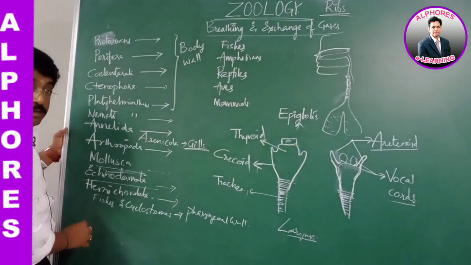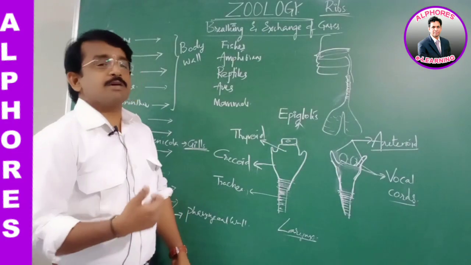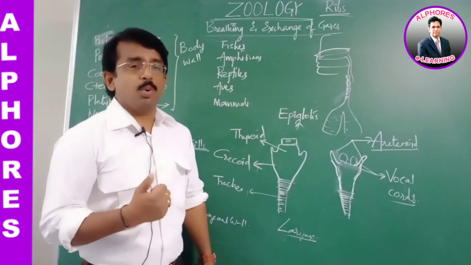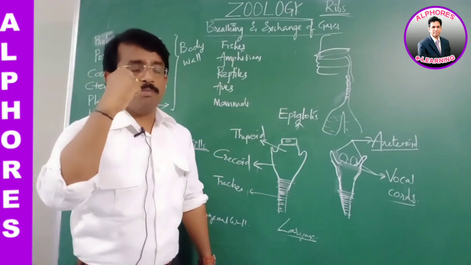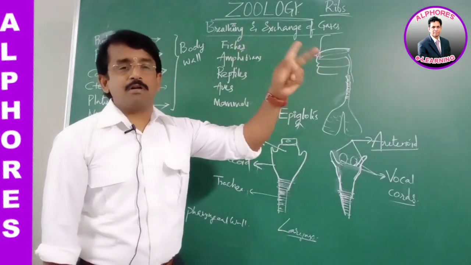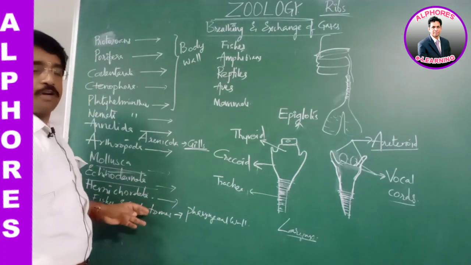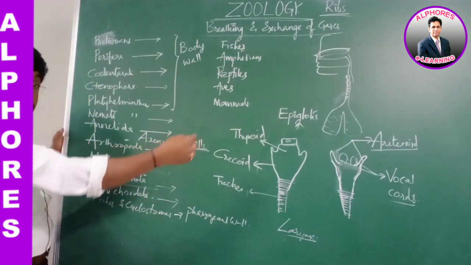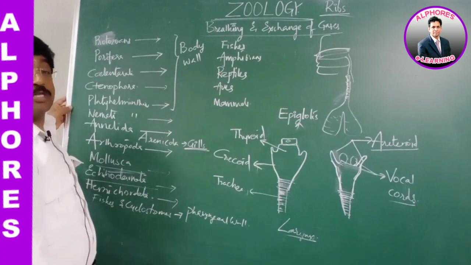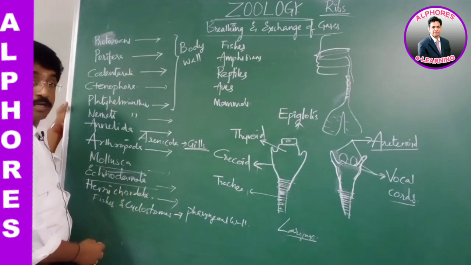Basically, the chordates are named so because of the notochord. The characteristic chordate features are the presence of notochord, nerve cord, pharyngeal wall, and postanal tail. One of these is the pharyngeal wall, which is for respiration. However, in the case of the urochordates and the cephalochordates, the pharyngeal wall is the respiratory structure.